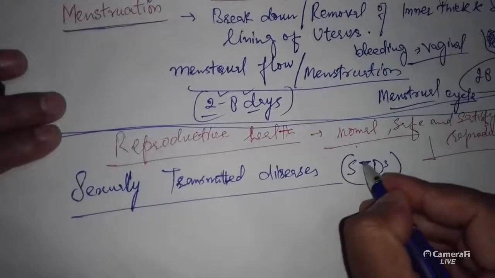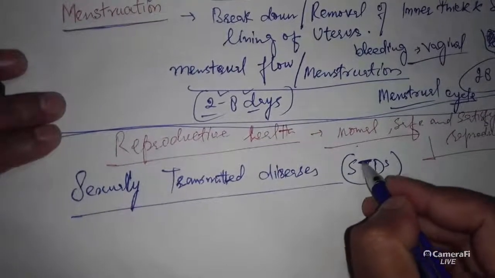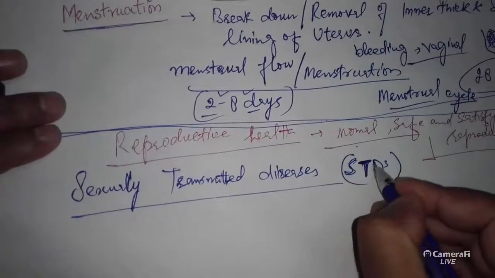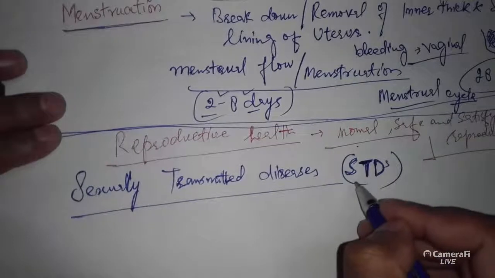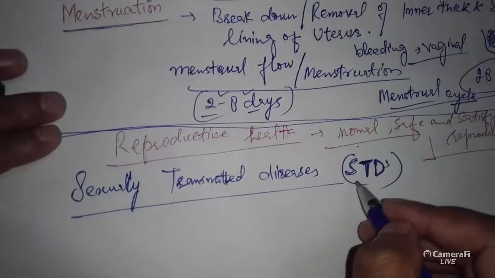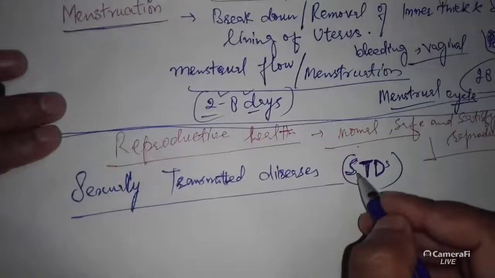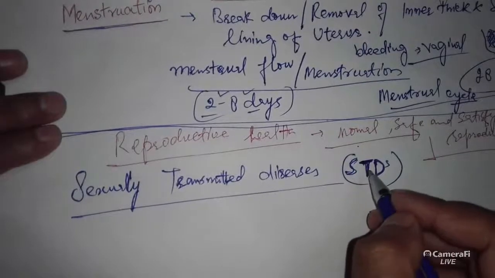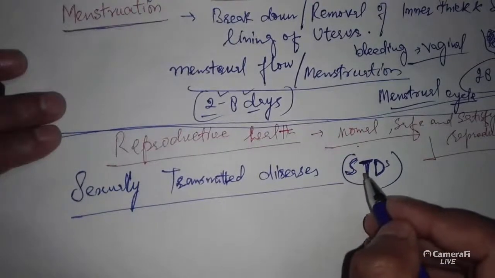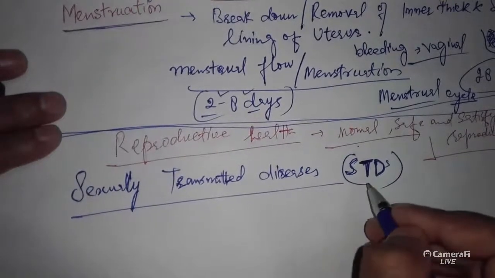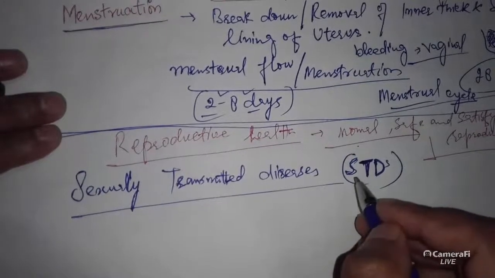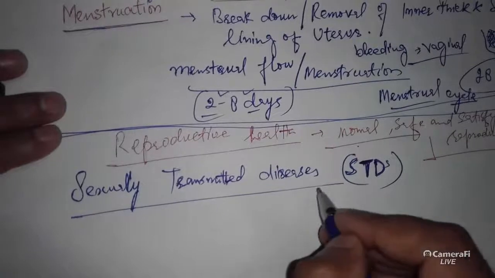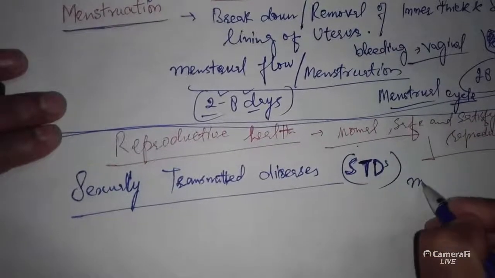These are diseases transmitted from one person to another by the sexual act. Due to sexual contact, such diseases can spread from an infected person to a healthy person. Such STDs are caused by various microorganisms.